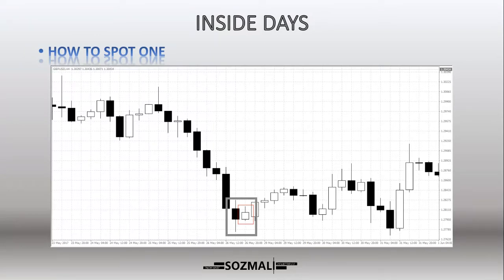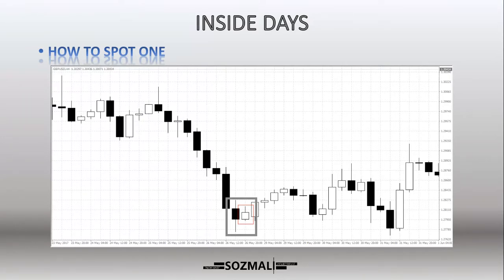But more important than that, you'll see that the two spikes of the first black candle are higher and lower than the two spikes on the white candle.